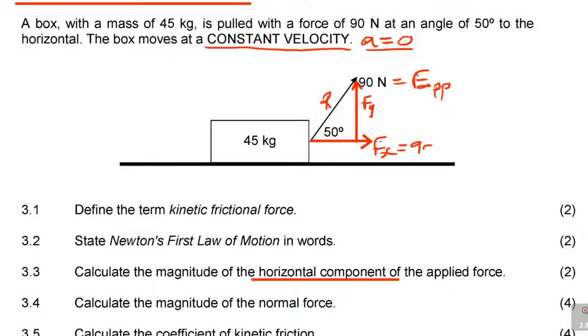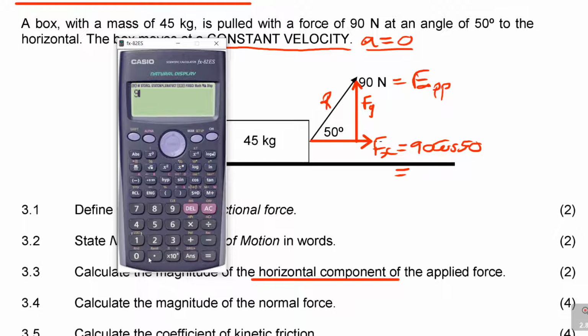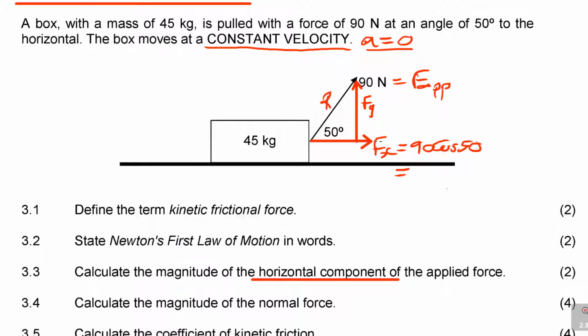It's 90 cos 50. So for that question 3, it's 90 cos 50, and then you need the calculator to say what is 90 cos 50, which is equal to 57,85 newtons. That's what we have.